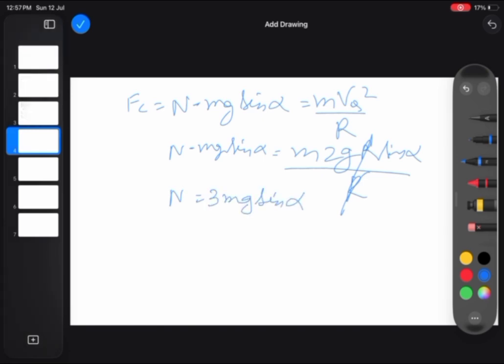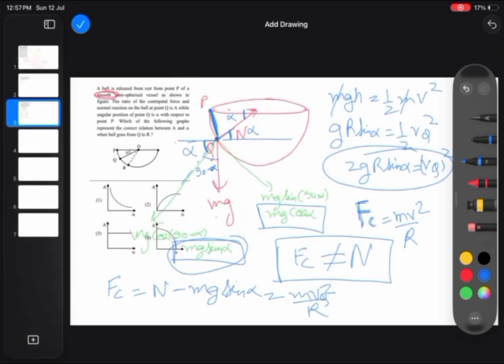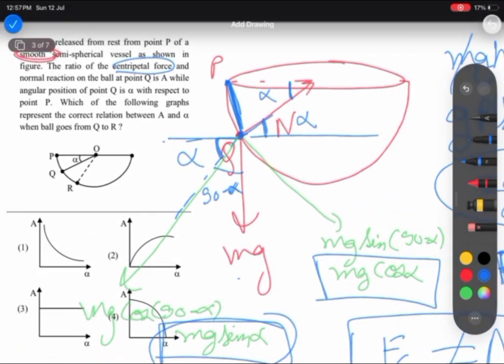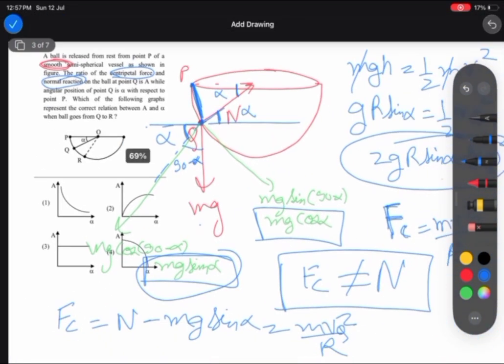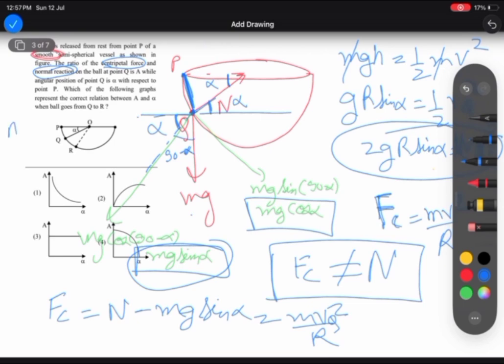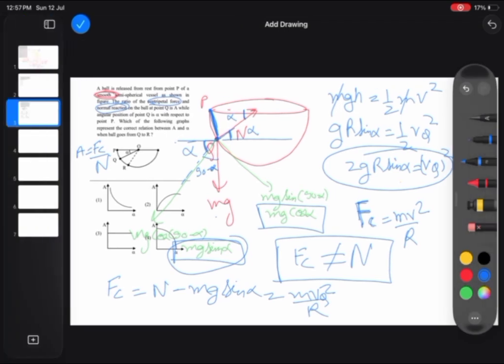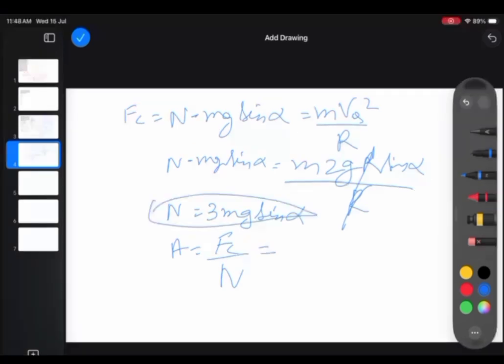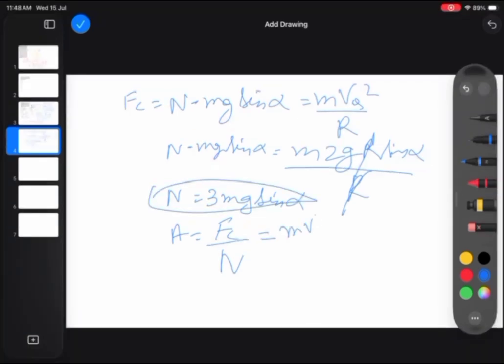Now in the question we have to find the relation between A and alpha, and A is the ratio of centripetal force and normal force. So A is equal to centripetal force Fc upon normal N. Fc is equal to m v square upon r, and N is equal to 3 mg sin alpha.